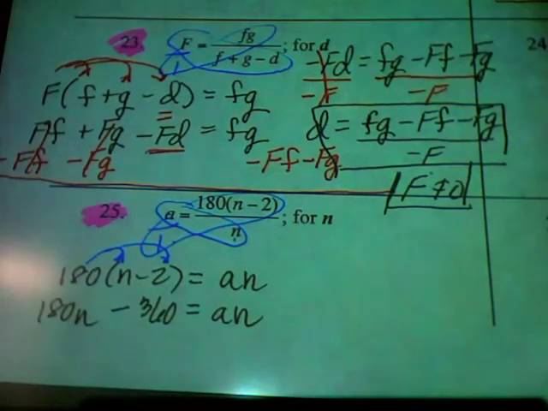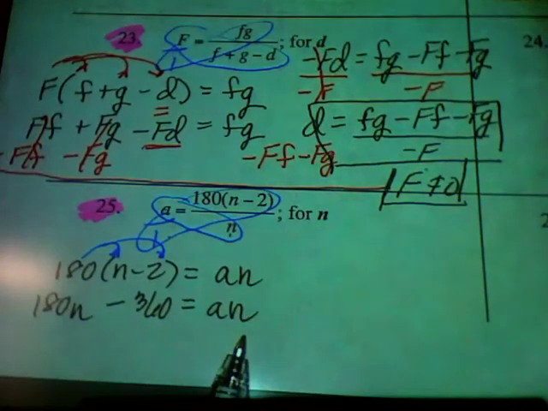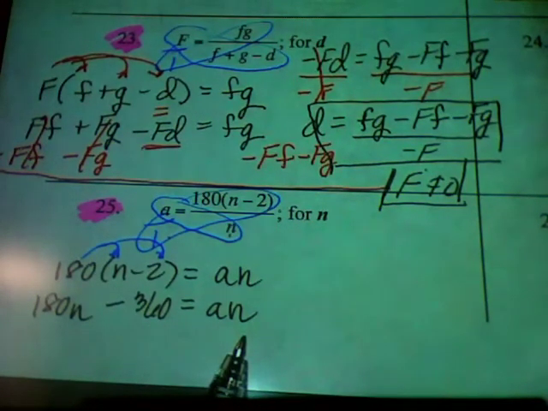Because I need all terms that have an N in it, since that's what I'm solving for, on one side together, I need to get the AN over here on the left, or I could just get the 180N on the right. It doesn't matter. Because I'm trying to avoid negatives, I'm going to move the AN to the left, and what does that mean I have to do with the 360? Add 360 also.